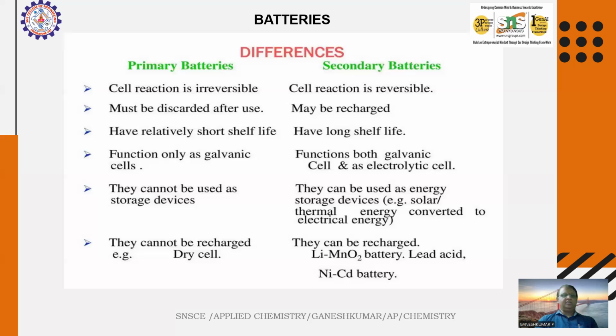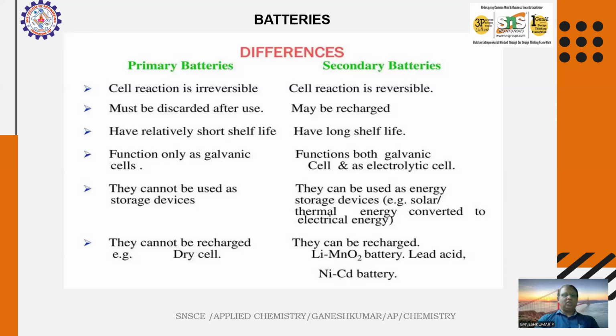The primary battery must be discarded after use because it cannot be used again and again, since we are not able to reverse the reaction. Secondary batteries can be used again and again because of their rechargeability. Primary batteries have relatively short life. Secondary batteries have long life.